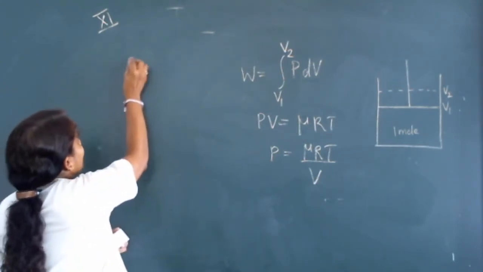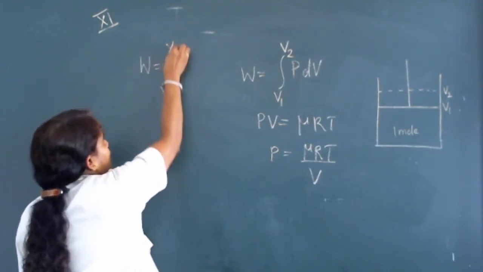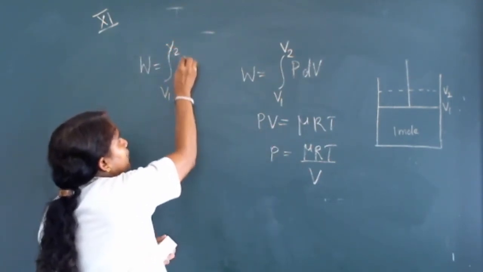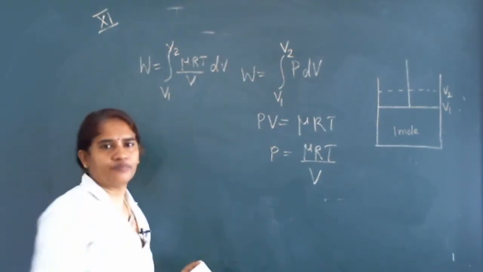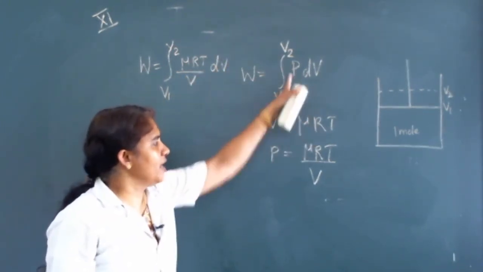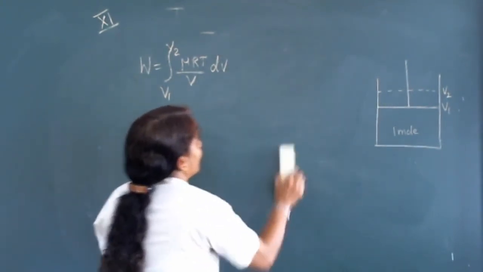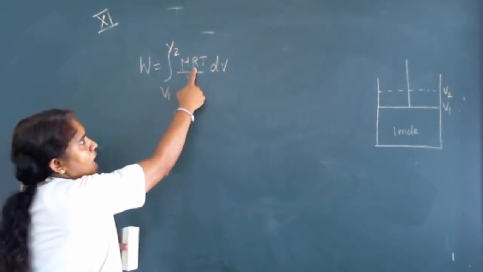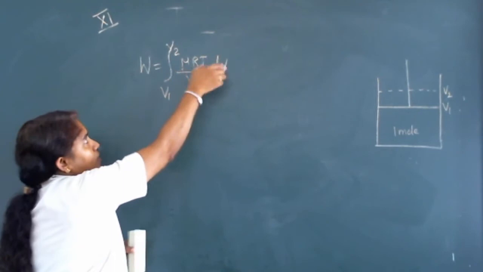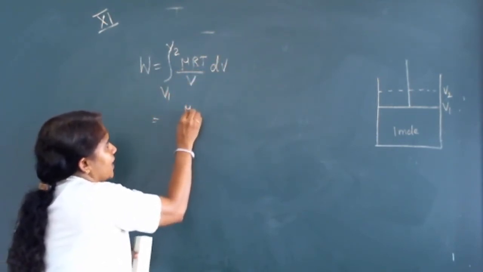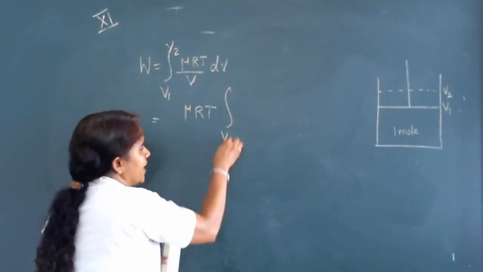Therefore, work done will be equal to the integral from V1 to V2 of mu RT by V dV. Instead of P we are substituting this value. Then we can do the integration. As you can see, mu, R the universal gas constant, and T, the constant temperature, are all constants. Therefore, we can take mu RT outside the integral sign.